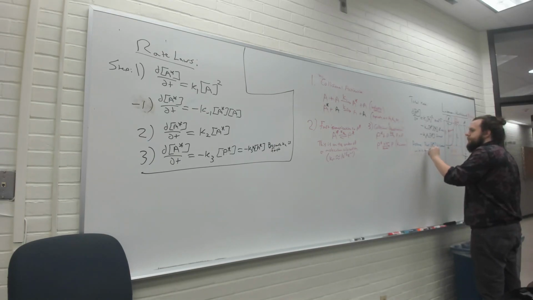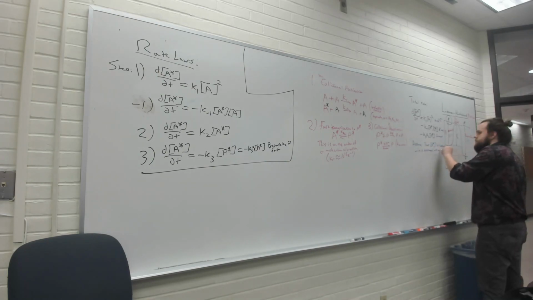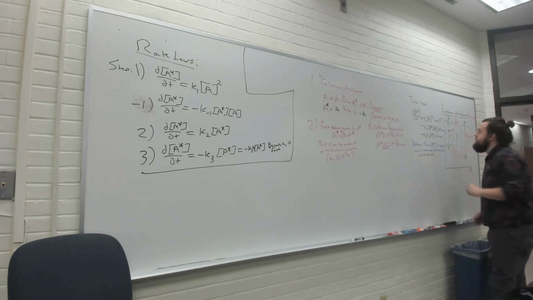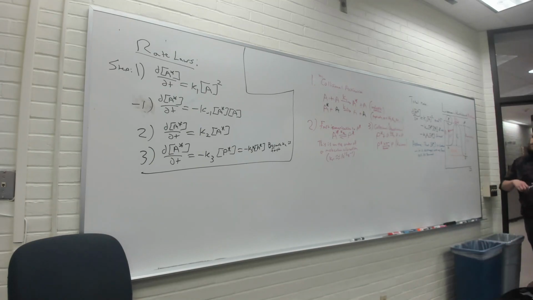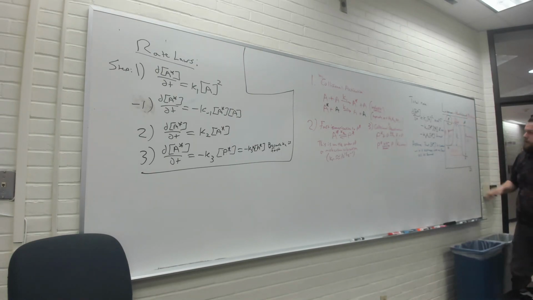It is destroyed just as fast as it's formed. And this seems to be a reasonable approximation, because once A star is formed, either it's going to immediately come over here at a very fast rate, or it's going to just be destroyed and go back to A. So A star is temporary. It's a metastable region. It only exists for a short amount of time, and that means that its concentration is constant.